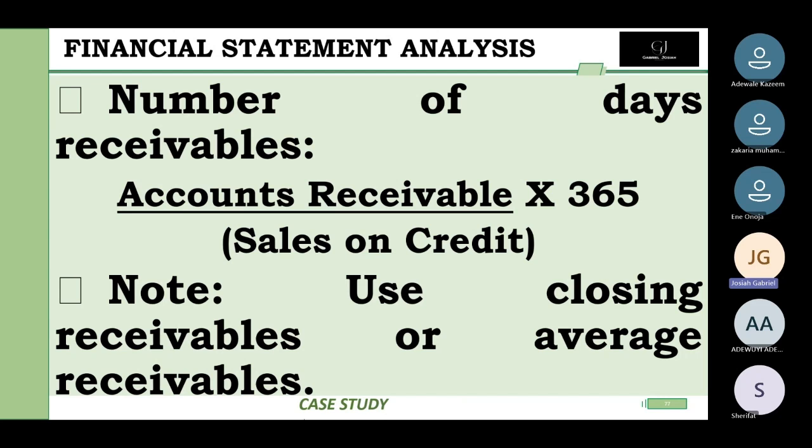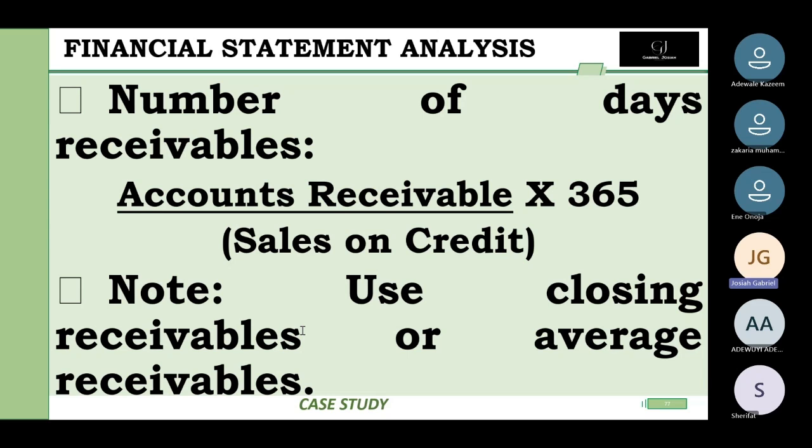So this area is very important because we need to be able to determine what we sold on credit and how fast we can recoup it in number of days. Very, very key. The formula is clear on the screen: account receivable divided by credit sales, times typically a year. So take note of that.